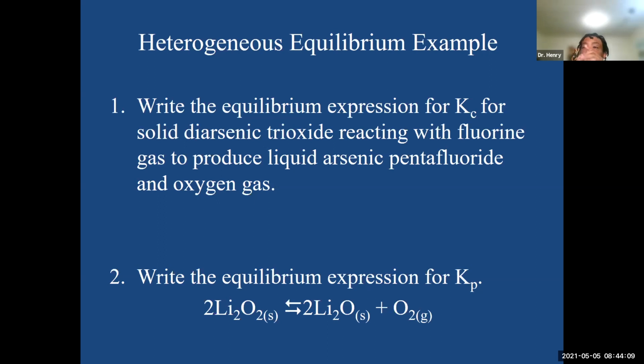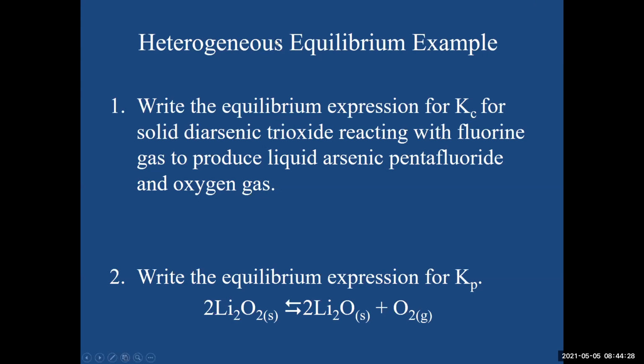The first question says, write the equilibrium expression for Kc for solid diarsenic trioxide reacting with fluorine gas to produce liquid arsenic pentafluoride and oxygen. Well, first we would have to get the equation. What would be the equation?